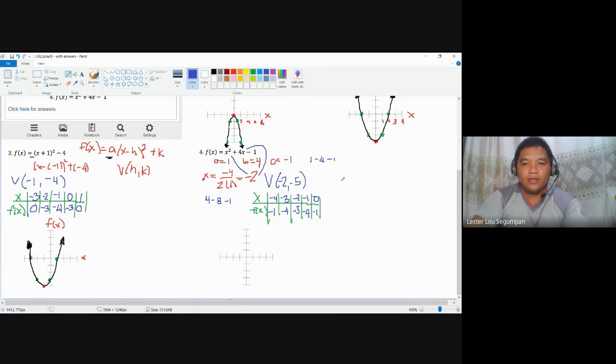Negative 3 squared is positive 9. 4 times negative 3 is minus 12, and then we have minus 1. So 9 minus 12 is negative 3, minus 1, negative 4. For negative 4 squared is positive 16. Negative 4 times positive 4 is minus 16. Then you have minus 1. So 16 minus 16 is 0, and you have minus 1.